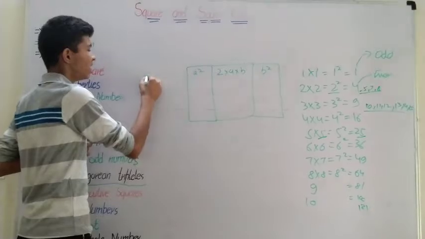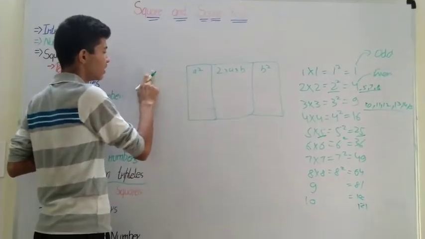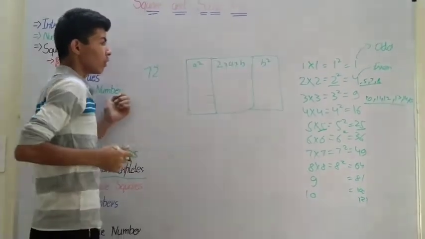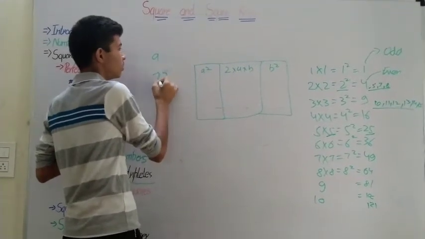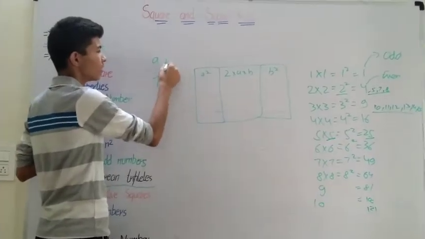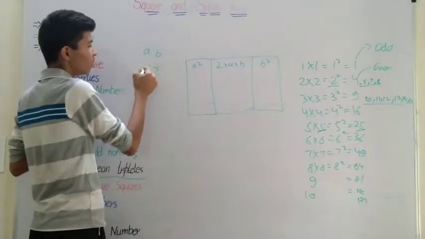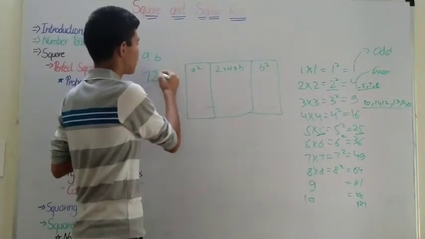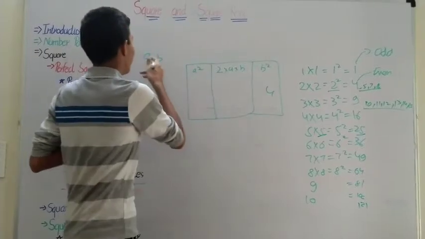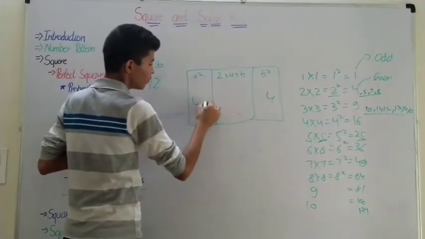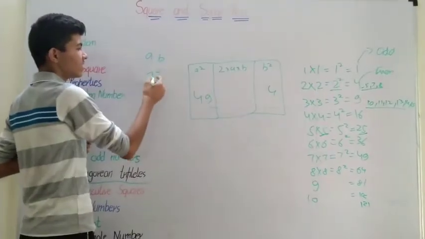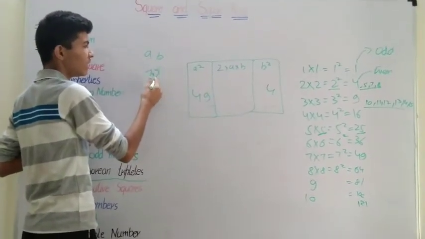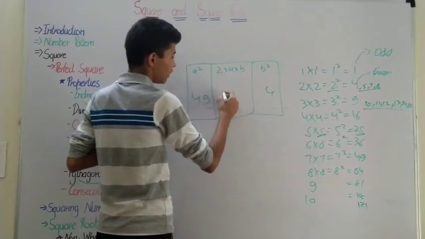So if we have 72 here, what we have to do is put a's value as 7 and b's value as 2. So 2 square would be 4 and 7 square would be 49. We can get this. And now we multiply 7 times 2, that is 14, and 14 times 2, that is 28.